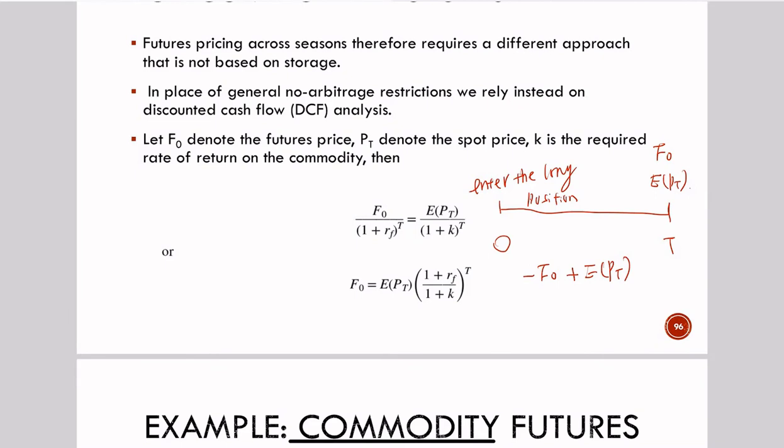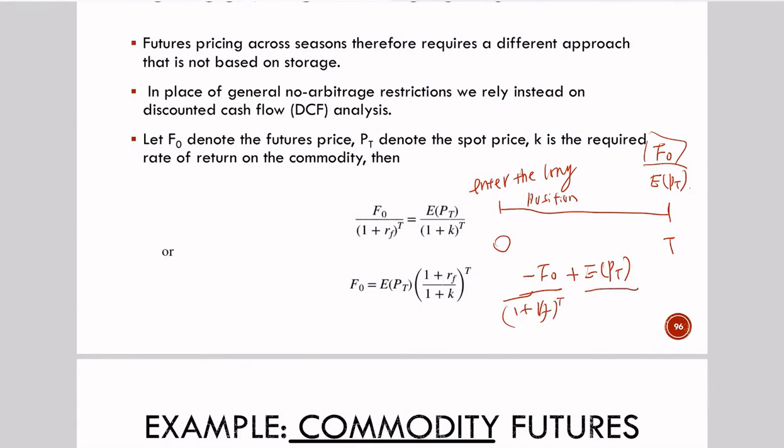Now, how do you discount F0? Well, you should use the risk-free rate to discount F0 because the futures price has been determined when you entered into this contract. So there is no uncertainty. F0 is a fixed number. That's why you should use the risk-free rate to discount F0.